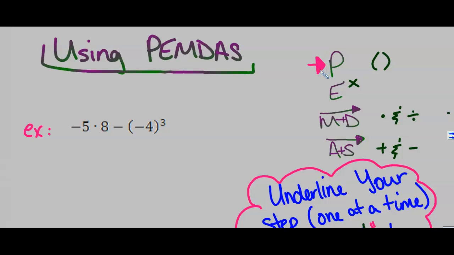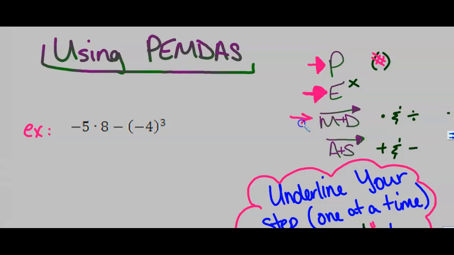Okay? So first we're going to deal with parentheses, and we're going to make sure that there is only one number inside the parentheses before we move on to the next step. As soon as that is done, then we can evaluate any exponential terms in the expression. In other words, we're going to evaluate any exponents we see.